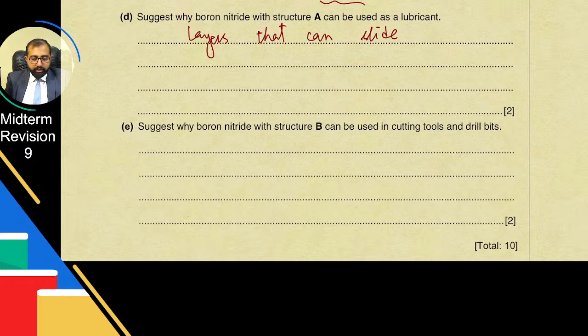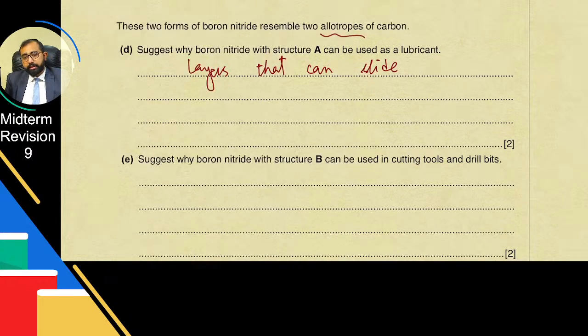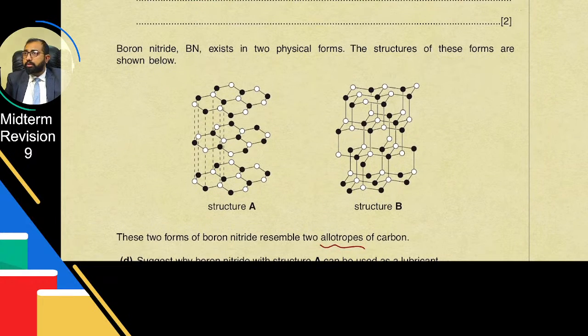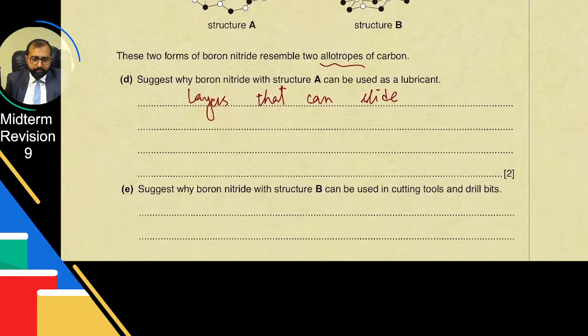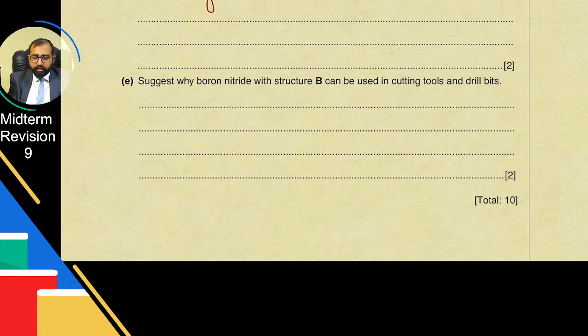Okay, suggest why boron nitride with structure B can be used in cutting tools and drill bits. Again, this is analogous to diamond for us. उसमें भी तो ये होता था. So we'll say that it has many covalent bonds, or many covalent bonds ही कह देते हैं, या many forces of attraction which make it hard or which make it rigid.